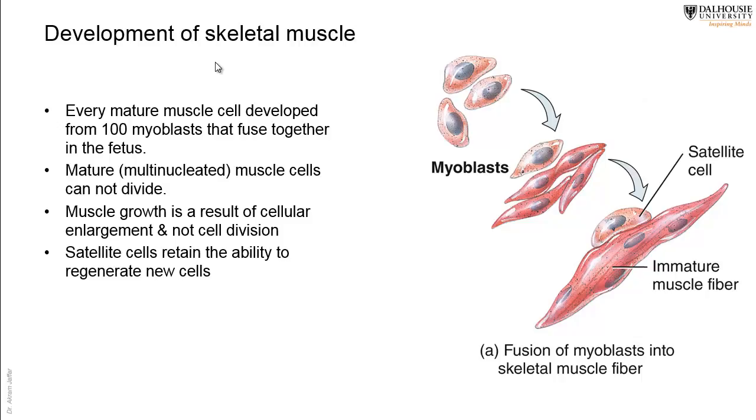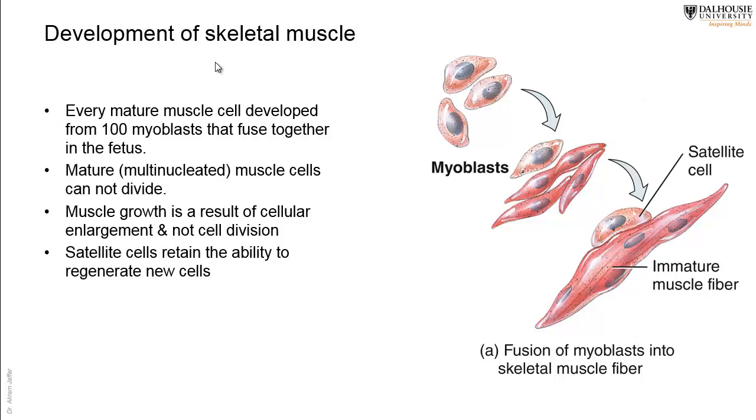That's why it will have 100 nuclei. So they are multinucleated, with multiple nuclei. Tens of nuclei are present inside them because they are formed by the fusion of embryonic cells, myoblasts.